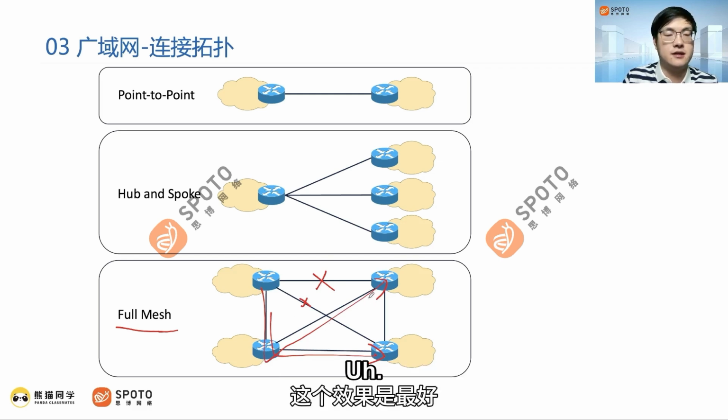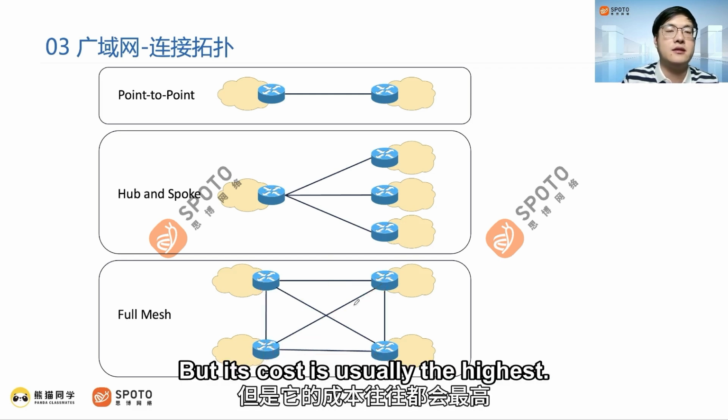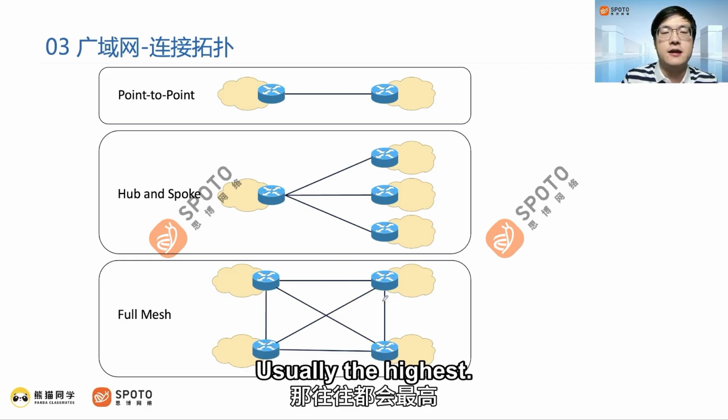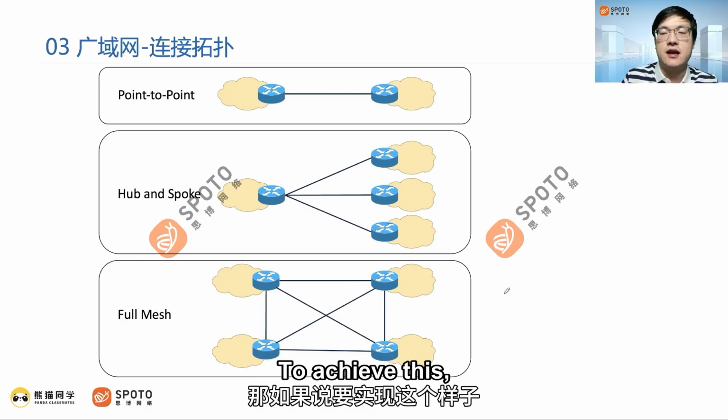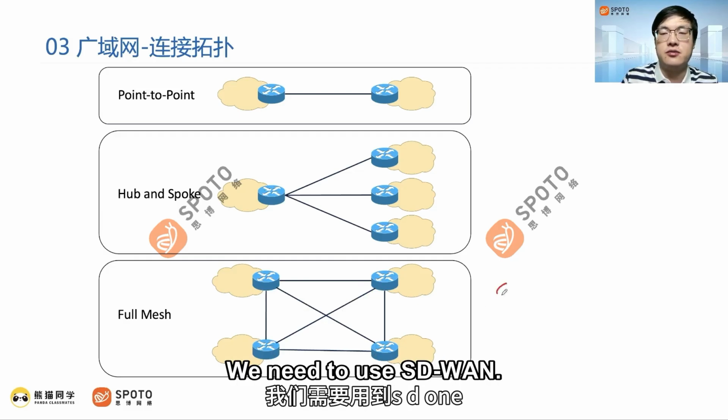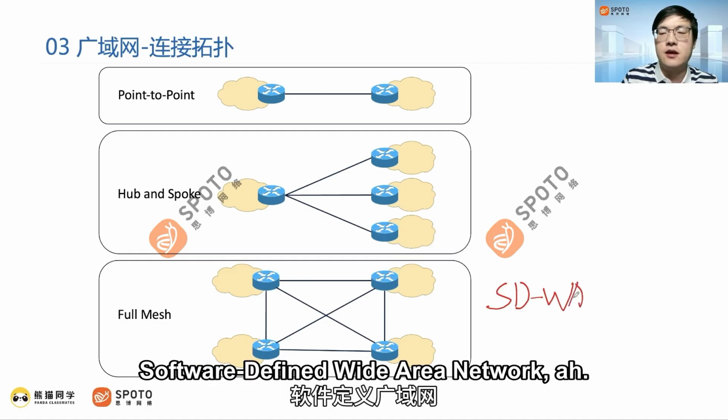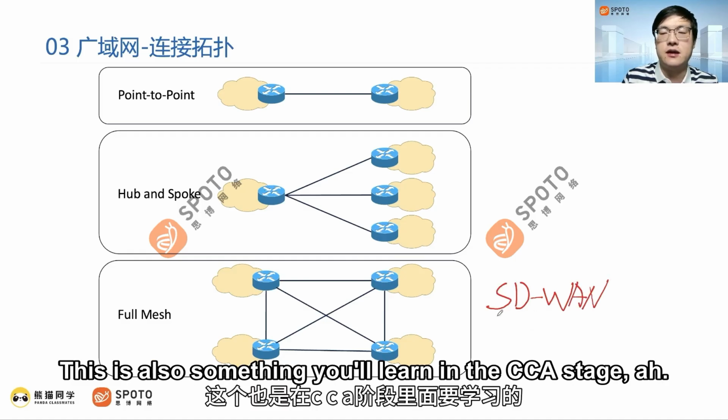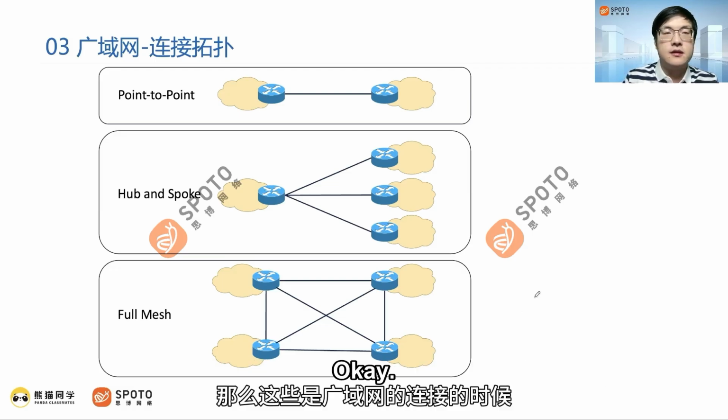This gives the best result, but its cost is usually the highest. To achieve this, it might require a more advanced solution. We need to use SD-WAN, software-defined wide area network. This is also something you'll learn in a later stage.